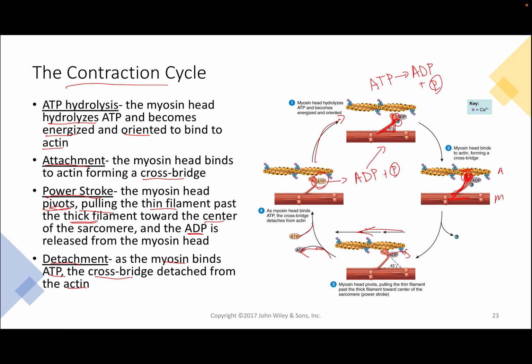That myosin head is going to pull that thin filament past its thick filament, and then this is going to cause the release of our ADP. That's done. We bind a new molecule of ATP that causes the detachment between myosin and actin, and we're ready to start the whole process over again, where we have hydrolysis of ATP once again. So that right there is the contraction cycle. This is important.